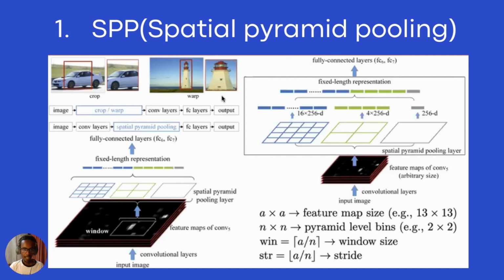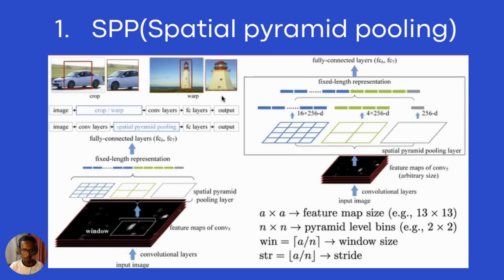So we have already seen how it works on classification. By performing some kind of spatial pyramid pooling on the final feature map, we can convert it into a fixed length representation. For example, if you have an input feature map of size 13 by 13, you can divide it into a 2 by 2 bin, and the window size for each bin can be computed from A, which is the input feature map size, and N, which is the number of bins.